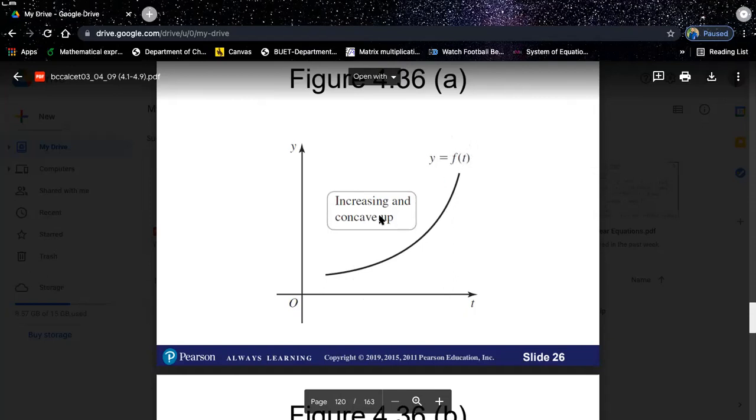But they're saying, obviously we trust them, that it's concave up for this part of the graph. But why do you think it should be concave up? What are the characteristics you can locate here which can convince you that, yeah, it should be concave up?